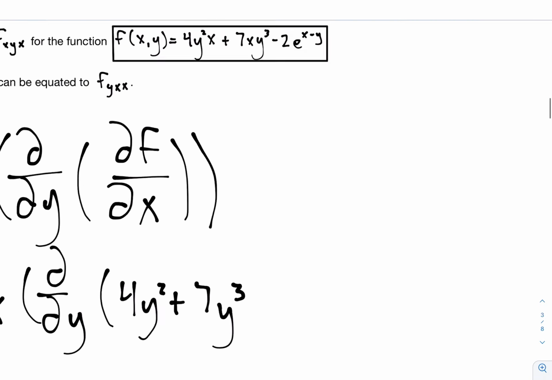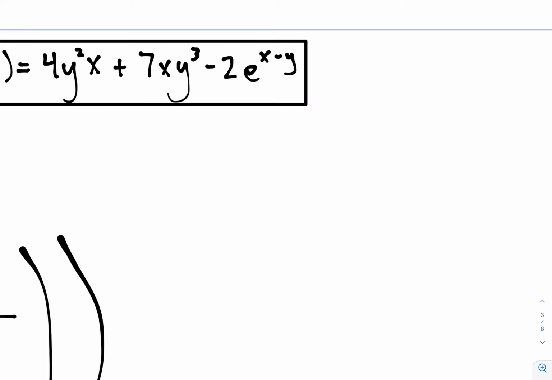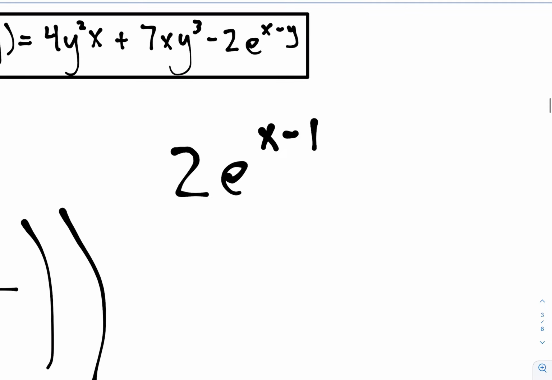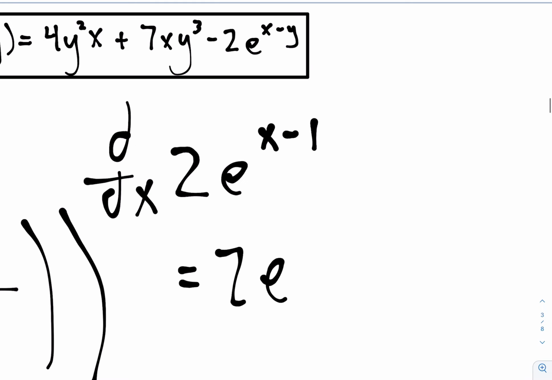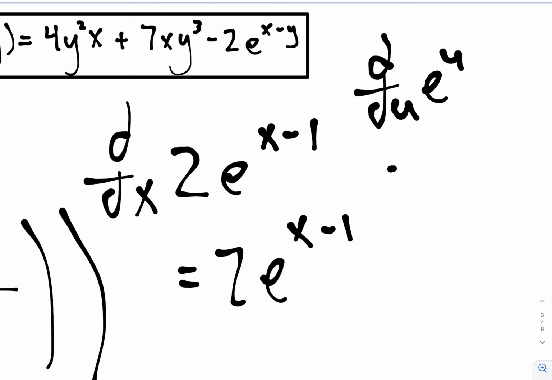Okay, and then we have minus 2e to the x minus y. Remember, I'm just going to pretend y is a number, because we're treating it as a constant, so e to the x minus 1. The derivative of this is just itself, 2 times e to the x minus 1, because by the chain rule we have to take the derivative with respect to, say, u of e to the u, which is e to the u, and then we have to multiply it by the derivative of u.